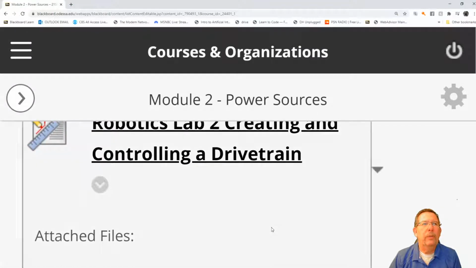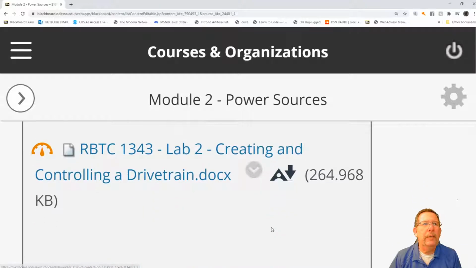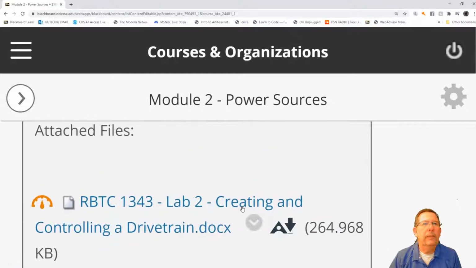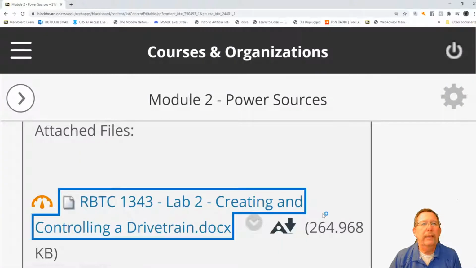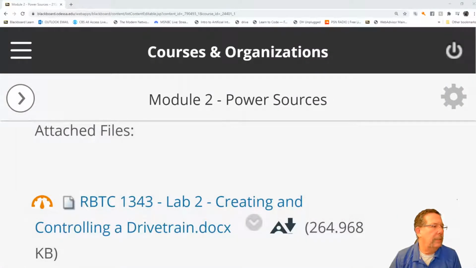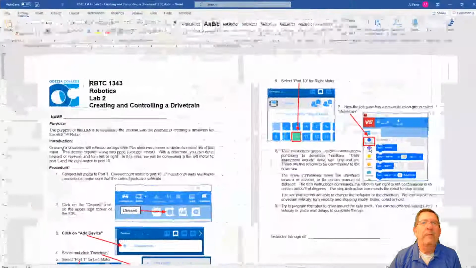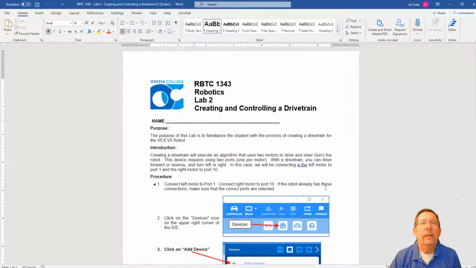Let's see what else was in here, and I don't think I released any of these. I think we did controlling the drivetrain last time. Yeah, that was the one. If you haven't done this, you need to do it.